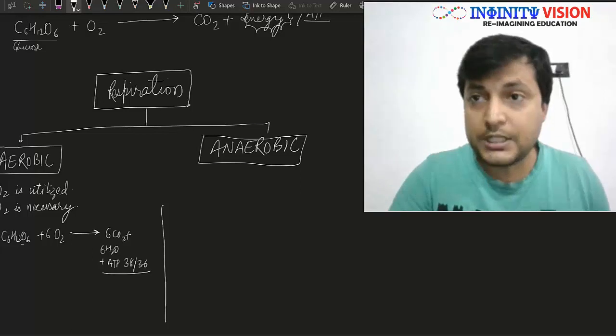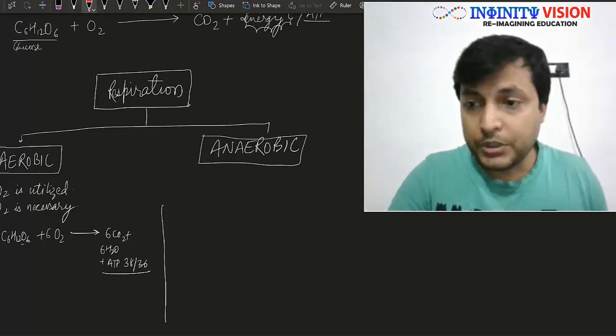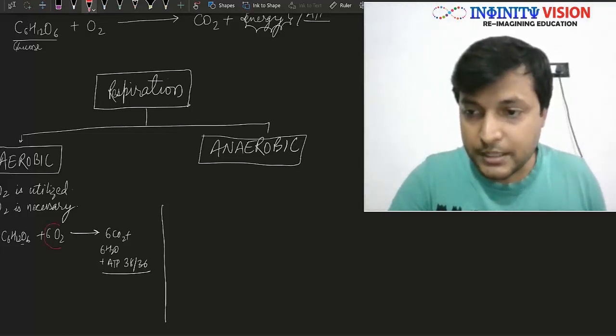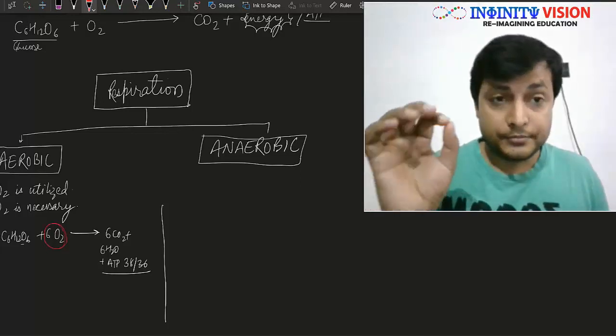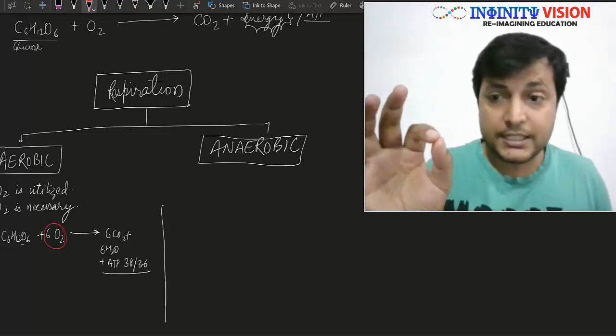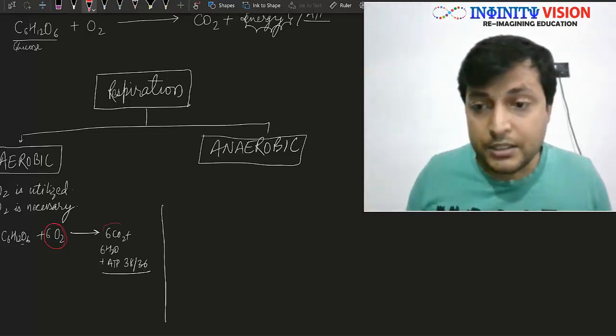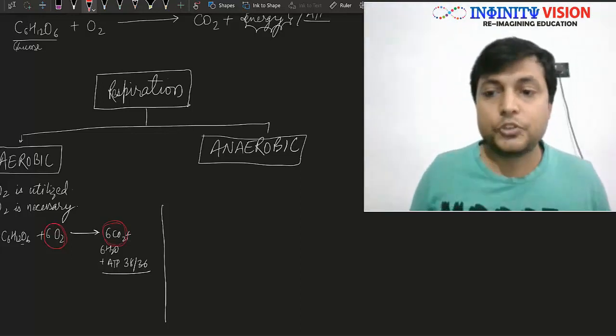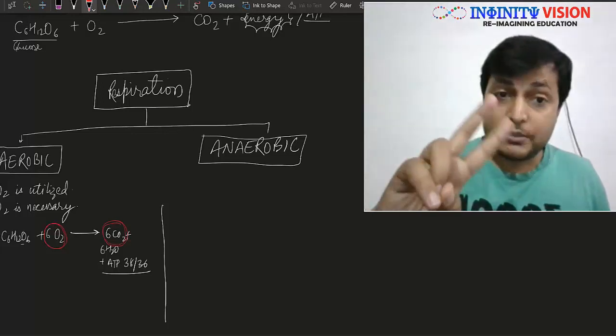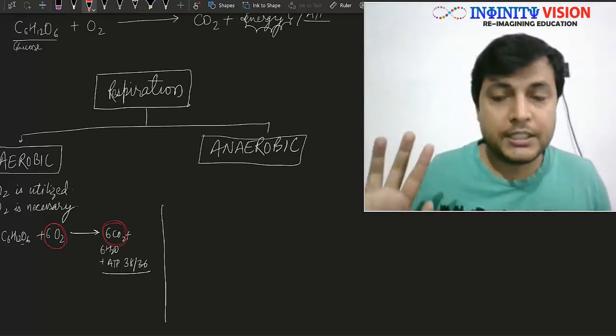Now in this process, can you see two gaseous molecules are involved. One, oxygen, which is a gaseous molecule, is required, and CO2 is formed. It needs to be released. So there are two gaseous molecules involved in this reaction.